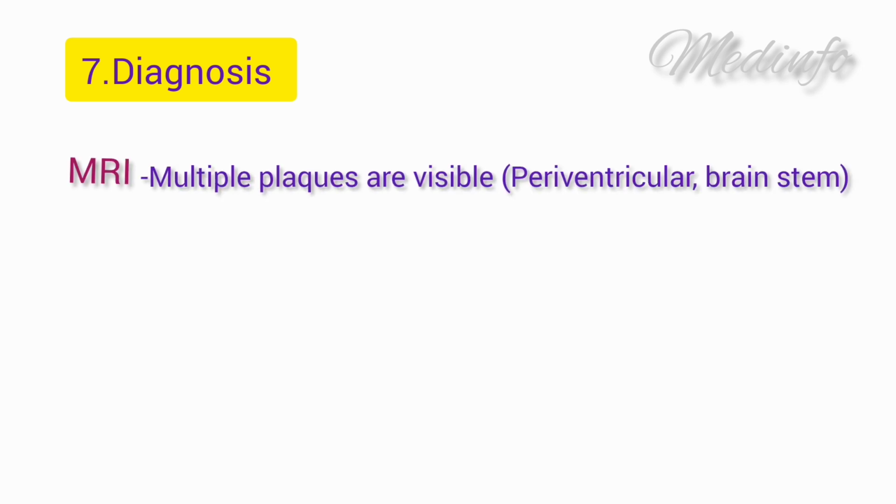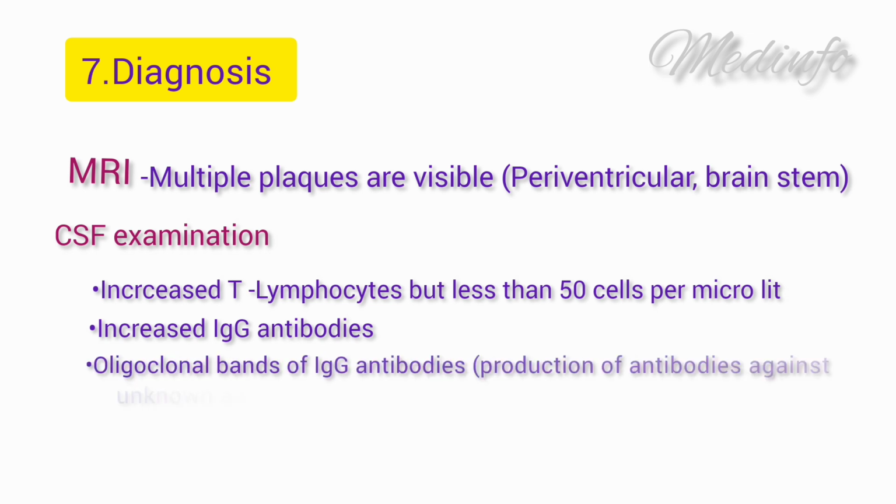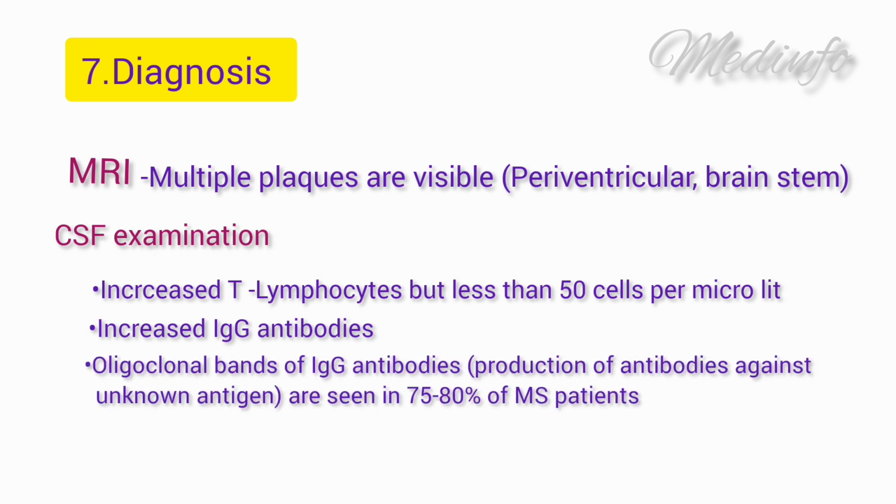In case of diagnosis, we use MRI, in which we see multiple flakes visible at areas like the periventricular region and brainstem. In cerebrospinal fluid examination, we can see an increase in the level of T lymphocytes but less than 50 cells per microliter, and an increase in the level of IgG antibodies and oligoclonal bands of IgG antibodies.